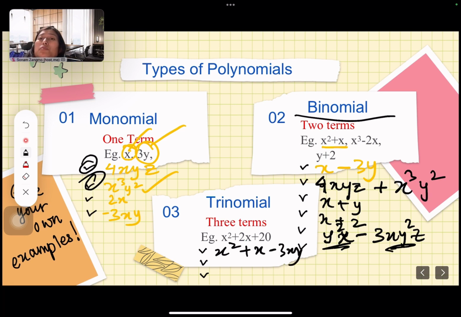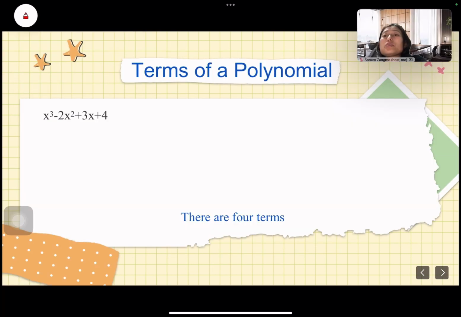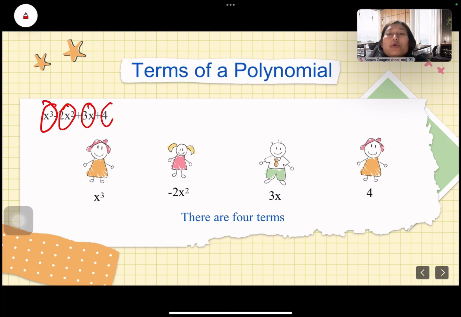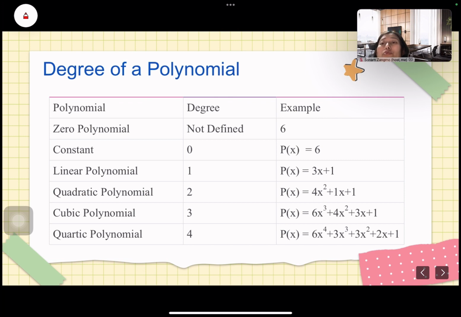So terms basically are separated by positive or negative signs. Terms of a polynomial. Okay, so I hope you understood the meaning of terms, right? It's kind of a group and they are separated by plus and minus. So you have four terms here. Quadrinomial, right?